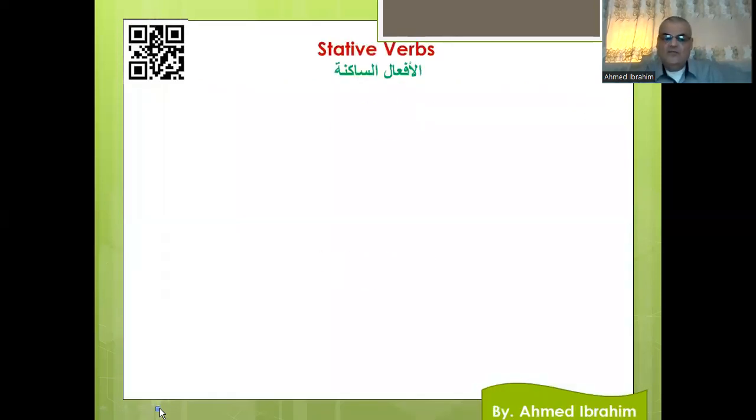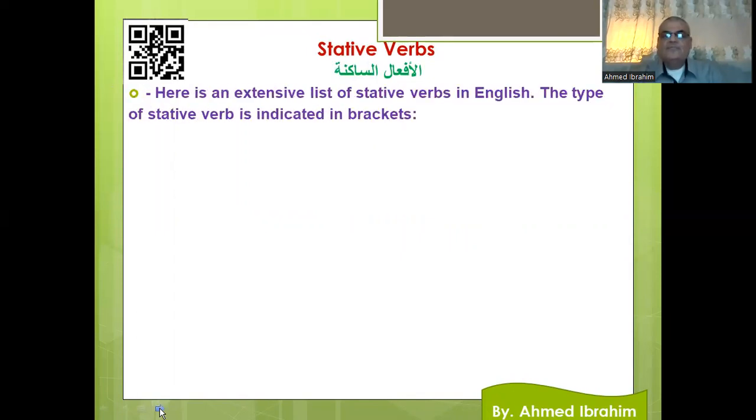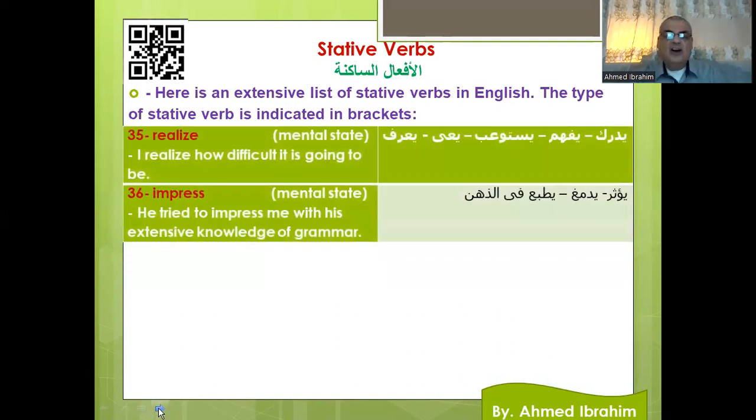Stative verbs. Here is an extensive list of stative verbs in English. The type of stative verb is indicated in brackets. Realize. I realize how it's going to be. Impress. He tried to impress me with his extensive knowledge of grammar.